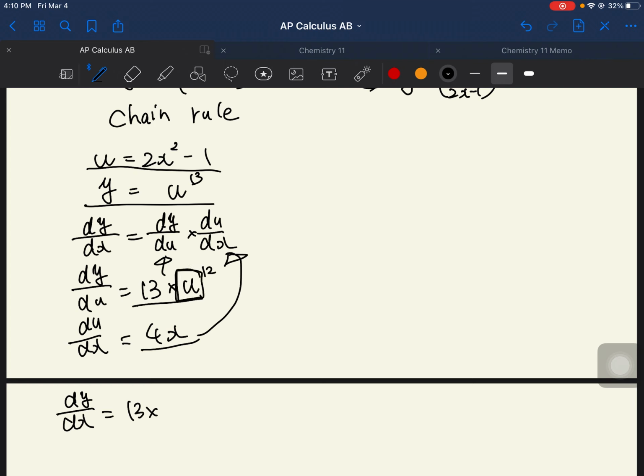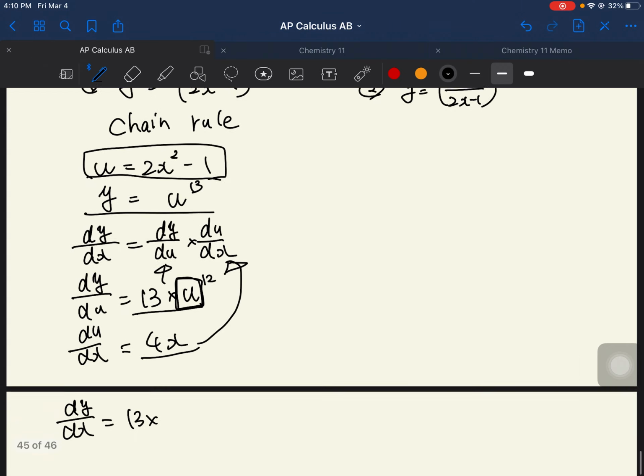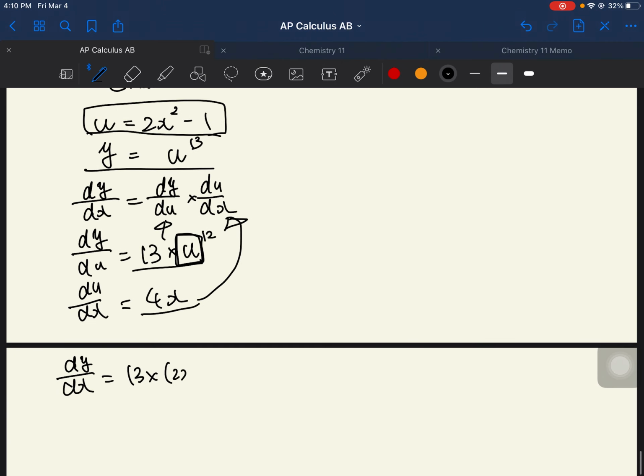U is the alphabet that you created, so let's use the expression which already exists here: u equals 2x² − 1. So 13 times (2x² − 1) to the power of 12 times 4x.